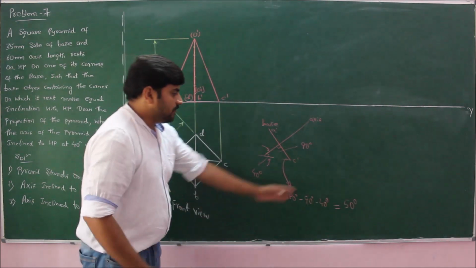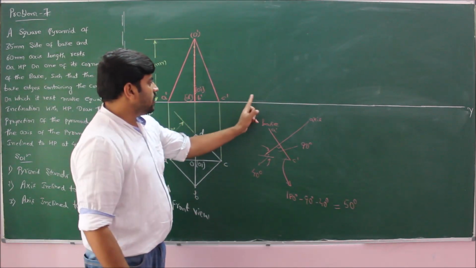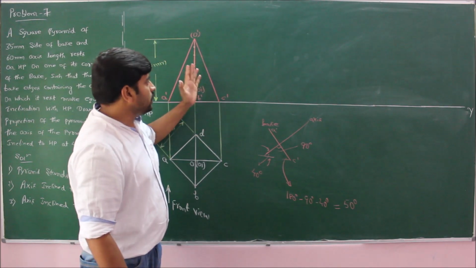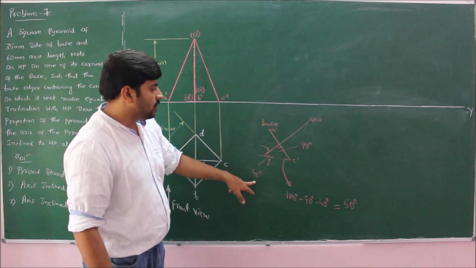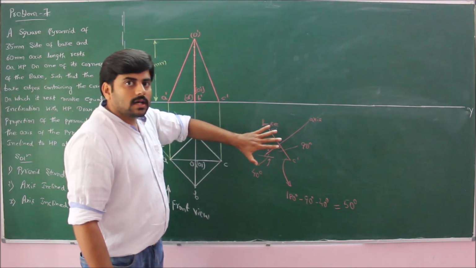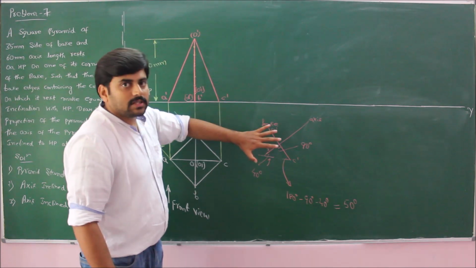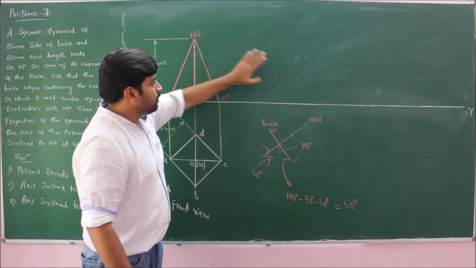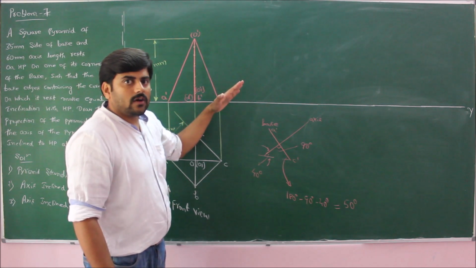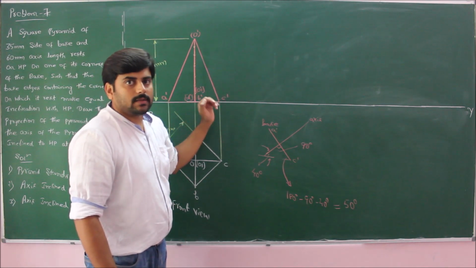So therefore, if I rotate the base at an angle of 50 degree and construct the pyramid once again, automatically the axis will make an angle of 40 degree to horizontal plane. So employing this clear-cut concept, I can redraw the pyramid such a way that the axis of the pyramid will be inclined at an angle of 40 degree to horizontal plane.